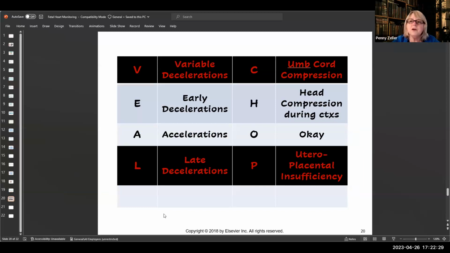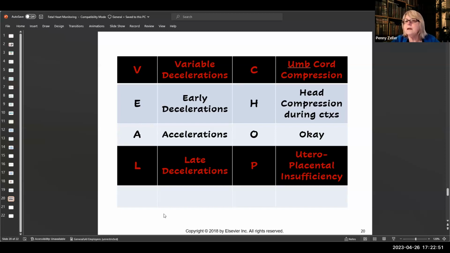So if you see variable deceleration, it's a cord compression, or cord pinching. And then the L is the other bad one, late decelerations. Late decelerations correlate with the P in placenta. So uteroplacental insufficiency.